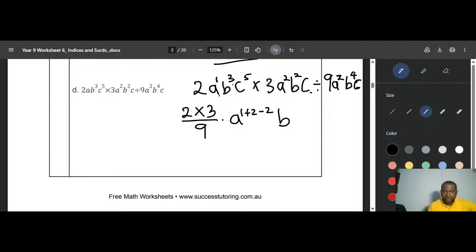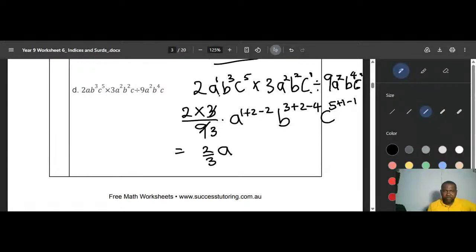For B, it is 3 plus 2 minus 4. 3, 2, then 4. Minus 4 because of division. Then for C, it is 5. There's a 1 here. There's another 1 here. So 5 plus 1 minus 1. So this one here, I think 3 can divide this to be 3. That means 2 over 3.